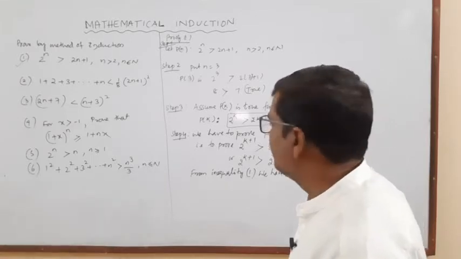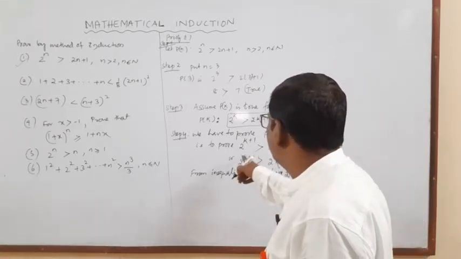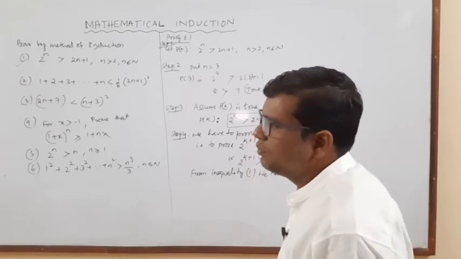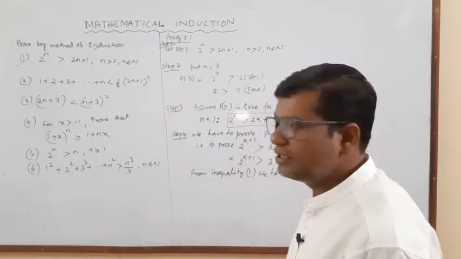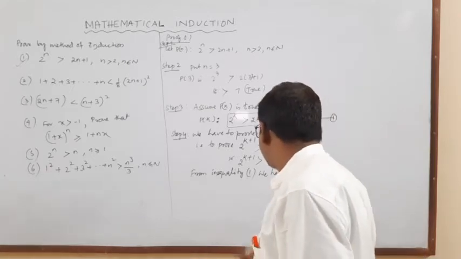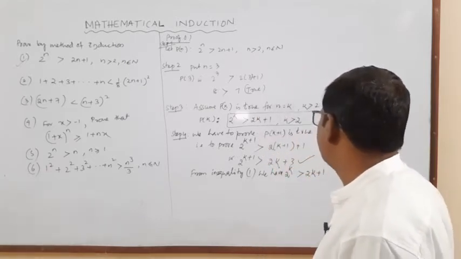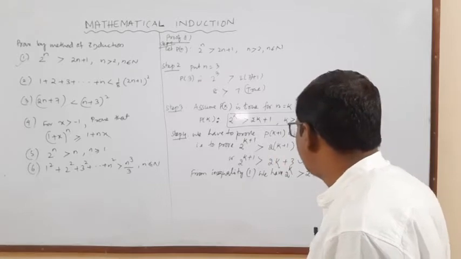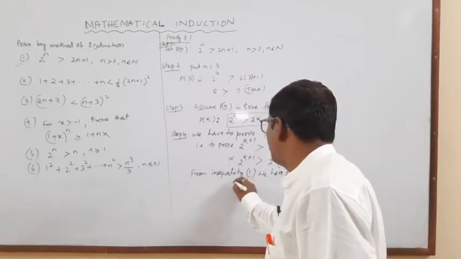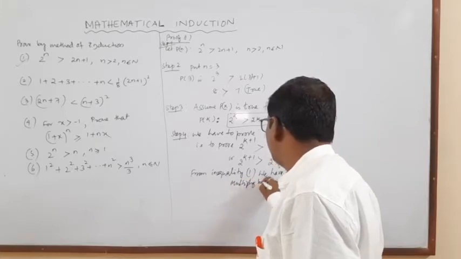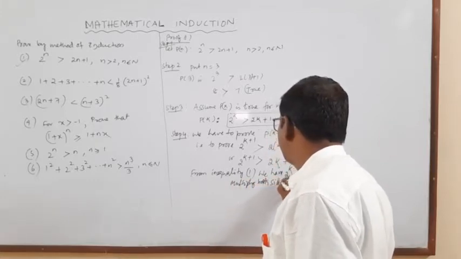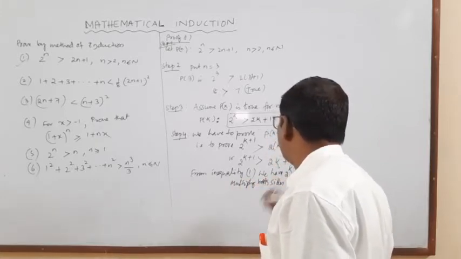Now we have to prove that 2 to the power k plus 1 is greater than 2k plus 3. Multiply both sides by 2. So what happens here?